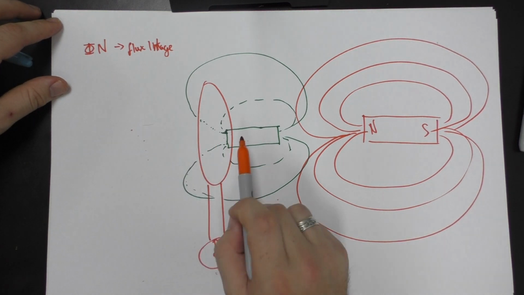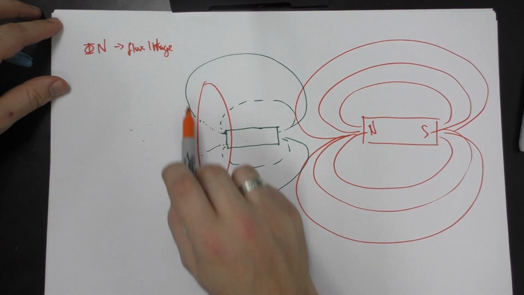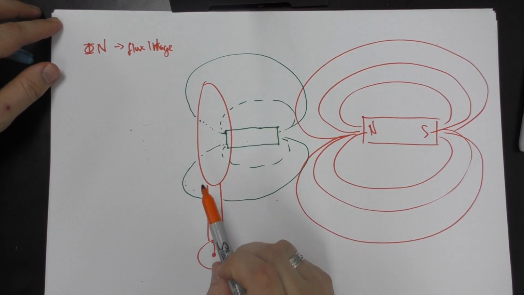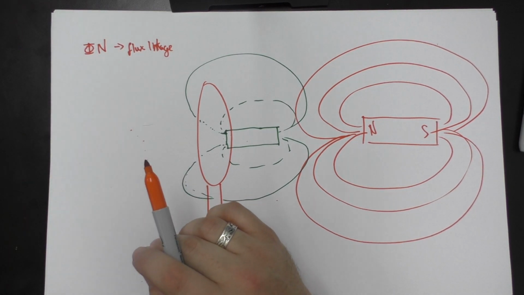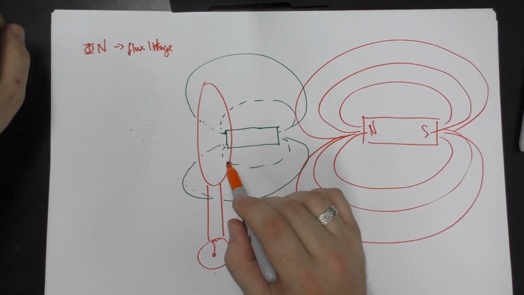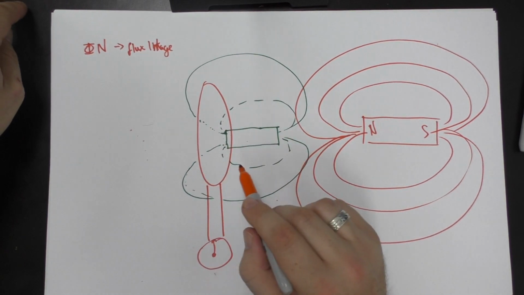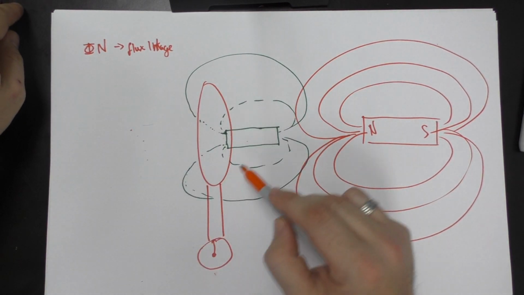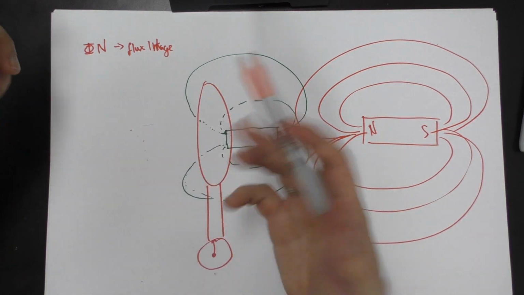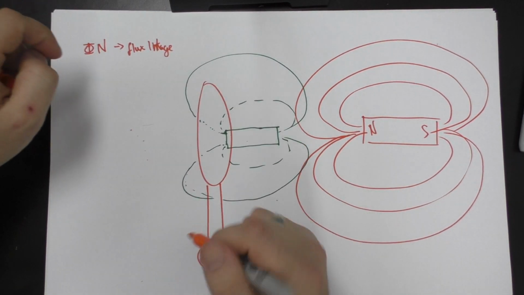So in this case, we could almost say we've got two pieces of flux linked through one coil. We could say, in a very simplistic way, that we had two flux linkage, because we've got two lines of flux and one coil of wire. So that's the idea there.